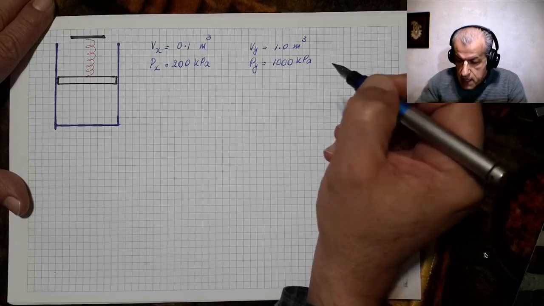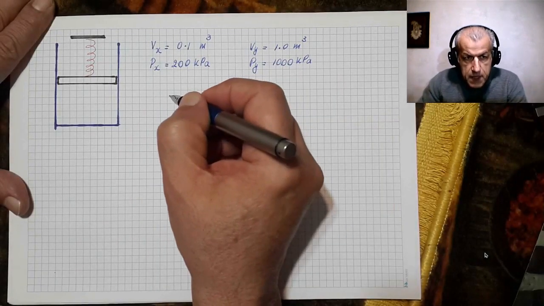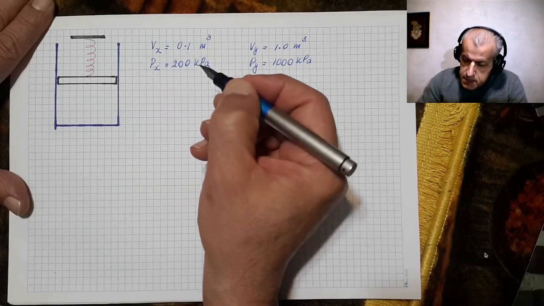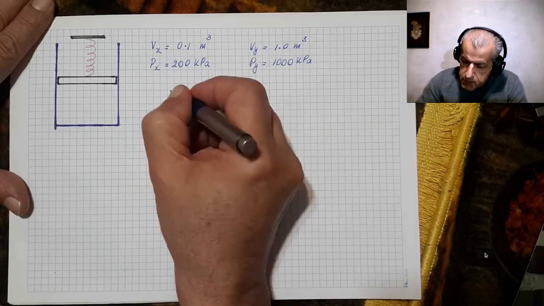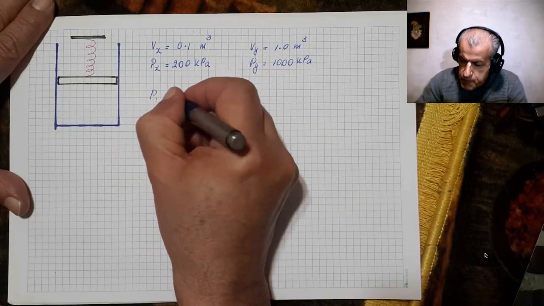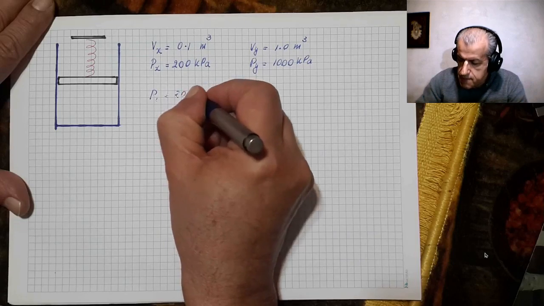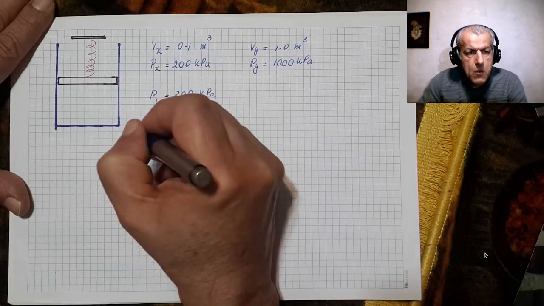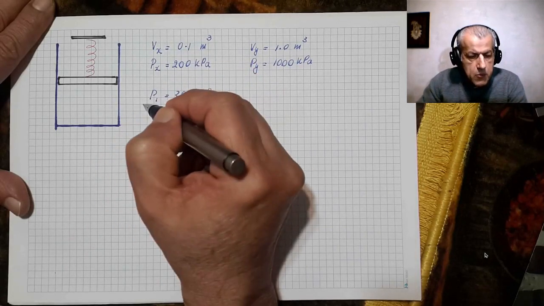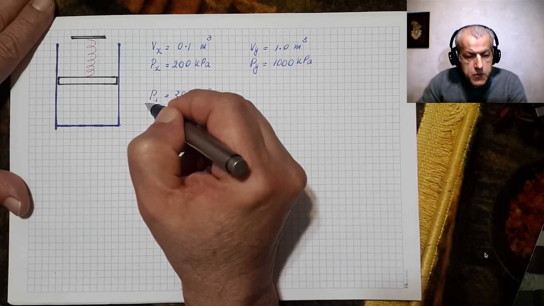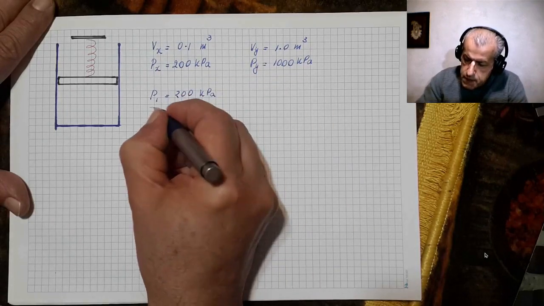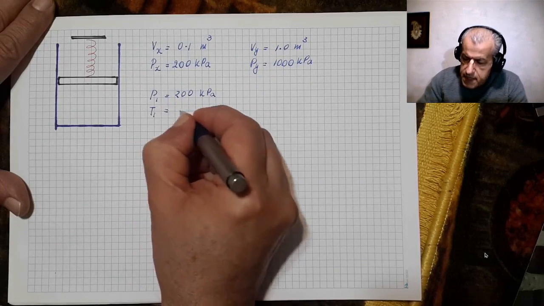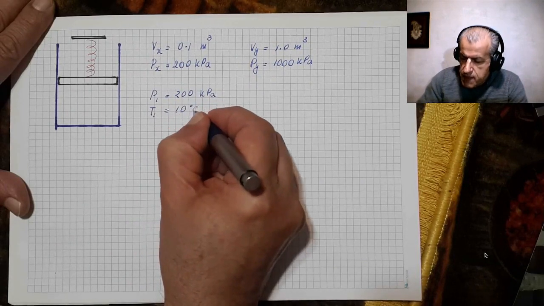Now, it says that at the start of the process, let's call it state 1, P1 is 200 kilopascal. Now, of course, we know what V1 would be, 0.1 cubic meter, and temperature T1 equals 10 degrees centigrade.